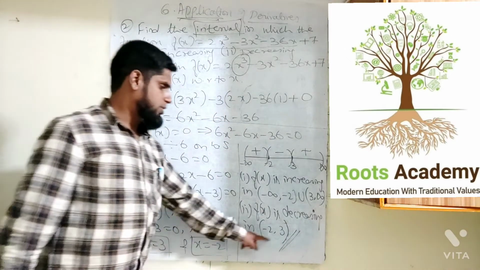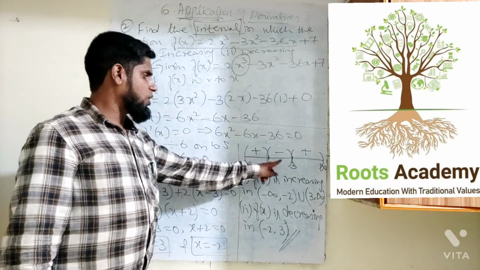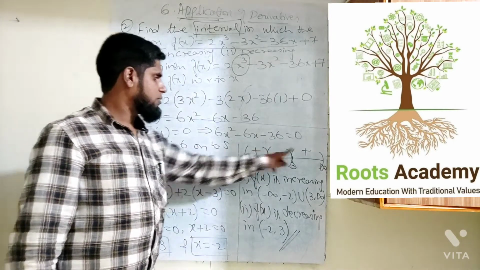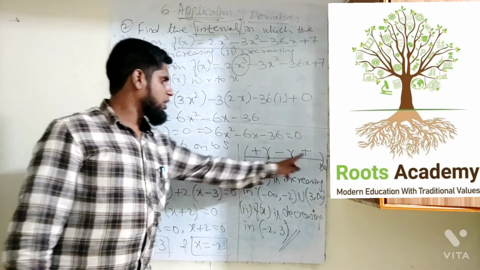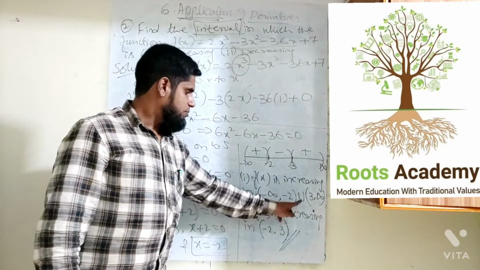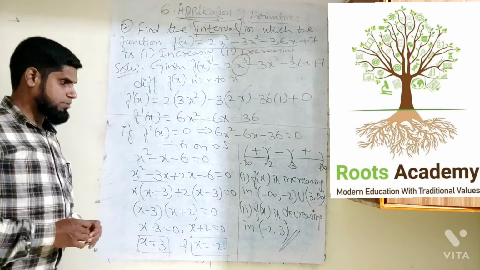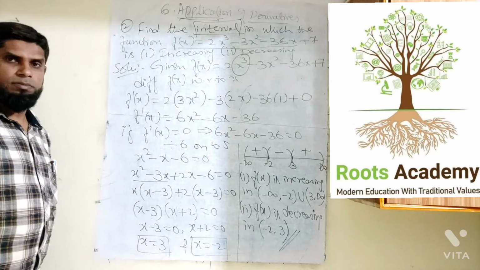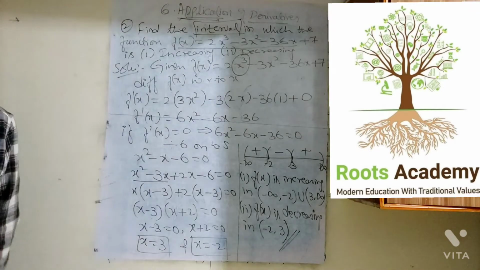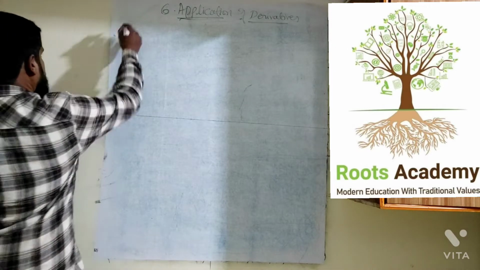This is the final answer. Increasing in two intervals and decreasing in only one interval. Where there are two intervals, we should write them with the help of union. Let's go to the next problem.